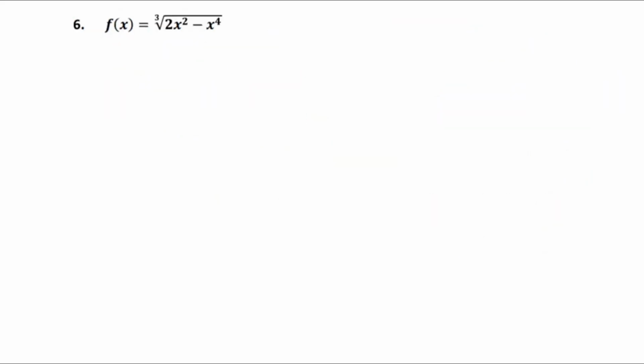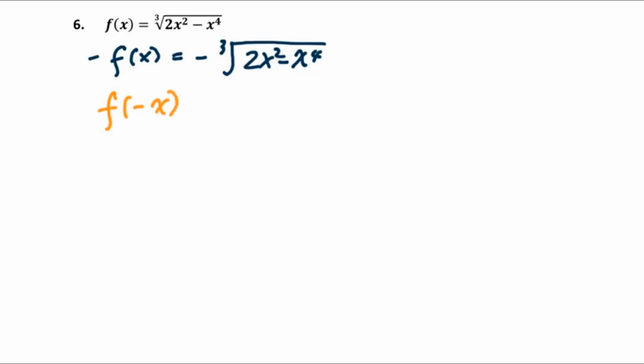Now go to number 6. We got negative f(x) equals negative cubic root of 2x squared minus x to the fourth power. And f of negative x equals, changing every single x into negative x, the cubic root of 2 times negative x squared minus negative x to the fourth power.